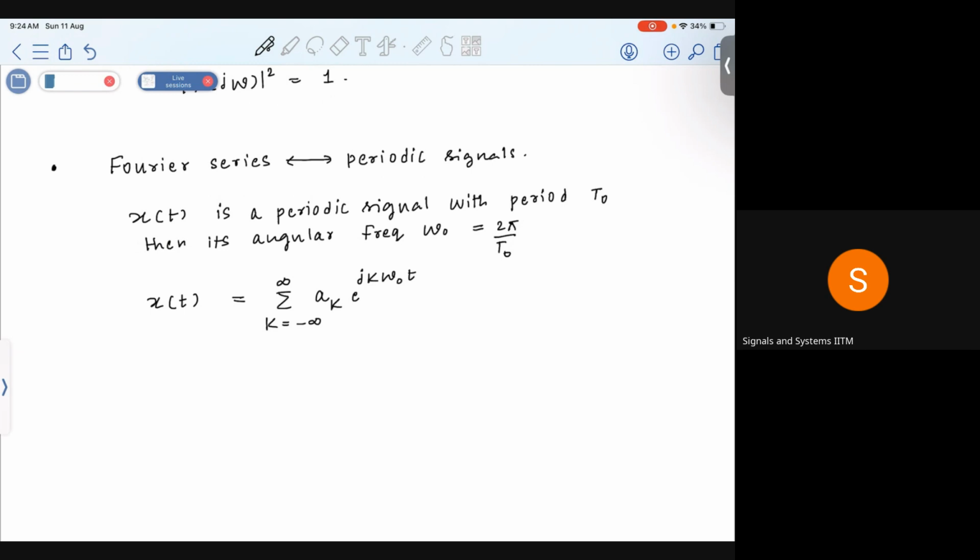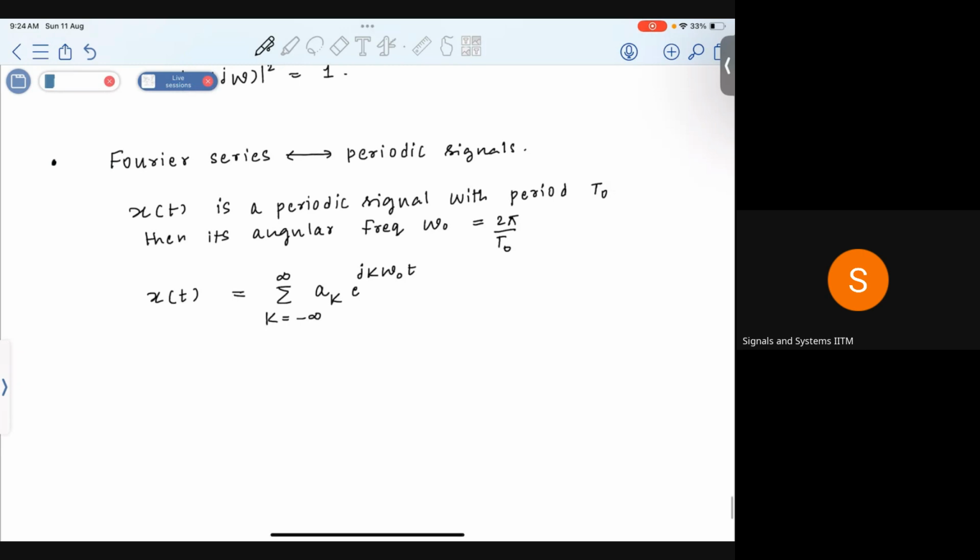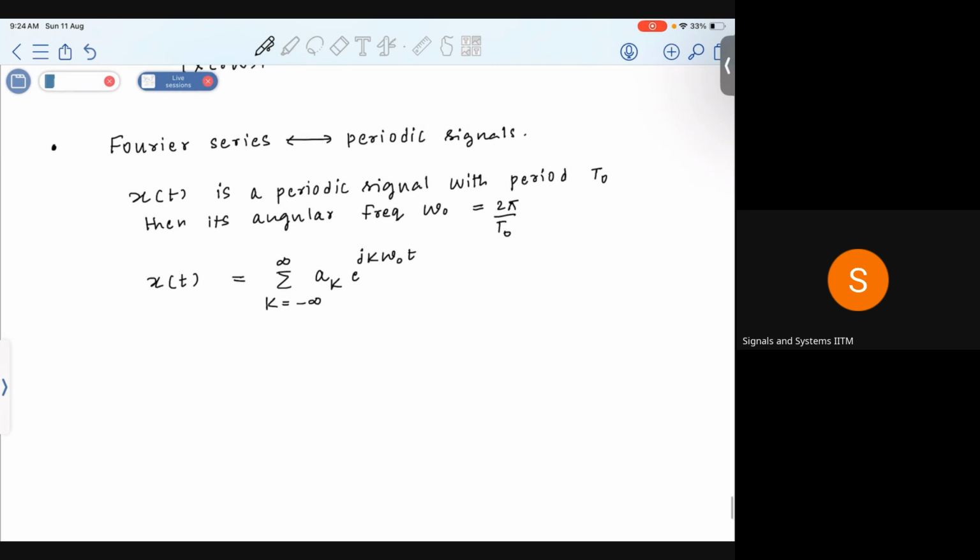So for any periodic signal, I'm just opening the Fourier series slide so that I'm not making mistakes. Any periodic signal can always be represented as sum of the complex exponentials.